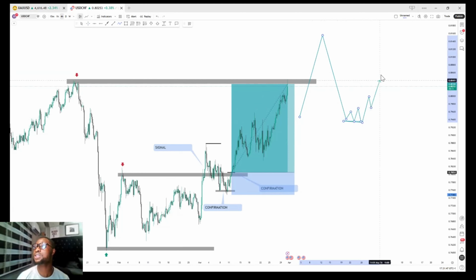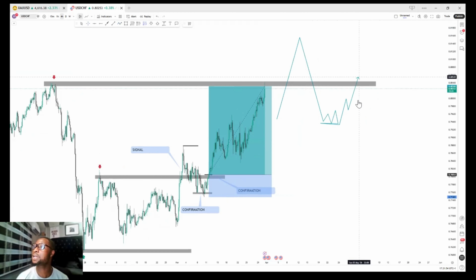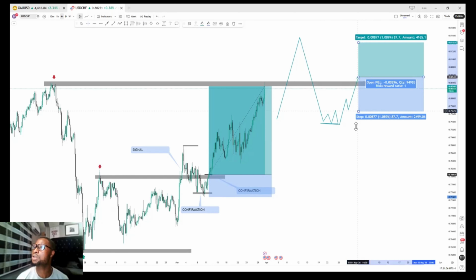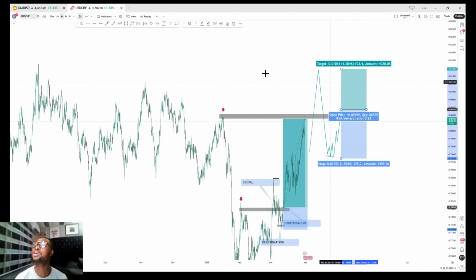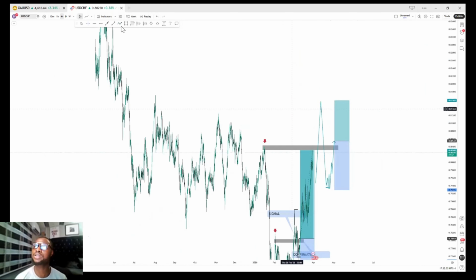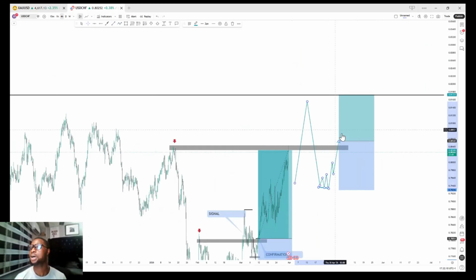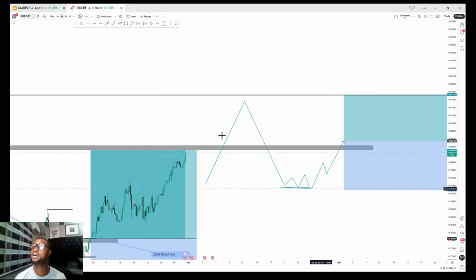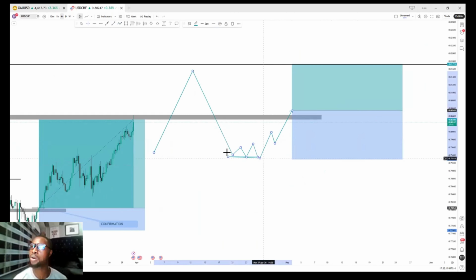Once the price crosses above this level again, you want to take your entry from this place, put your stop loss below this place, and then you can target these highs, or you can just scale out and target maybe this place, for example, just target here for profit, and then you can continue the trade like this. This move right here might not be as big as I drew it, but it can be that small or that big.